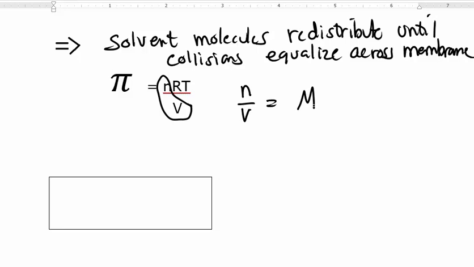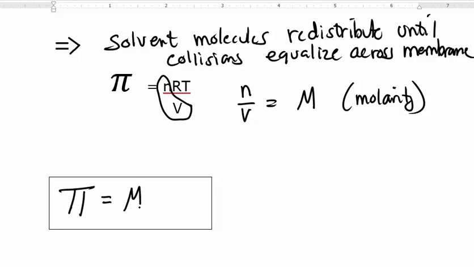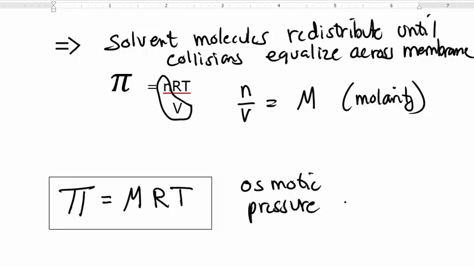So we can substitute that into the expression and get an even more useful expression: pi is the molarity of the solution times R times the temperature. So that is your osmotic pressure expression, which you can use to do calculations involving osmotic pressure.